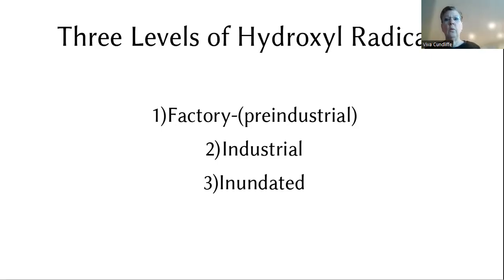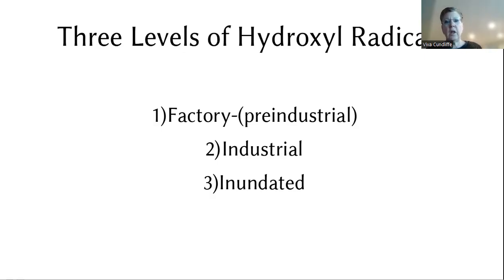So anyway, with the hydroxyl radical, I think there are three levels that it operates at. And I think that this is the part of the intelligent design that's very interesting. We have level one, which is the pre-industrial levels of hydroxyl radicals.